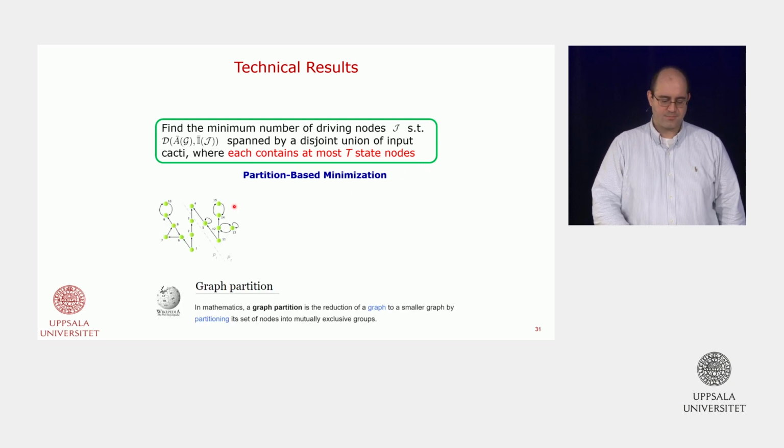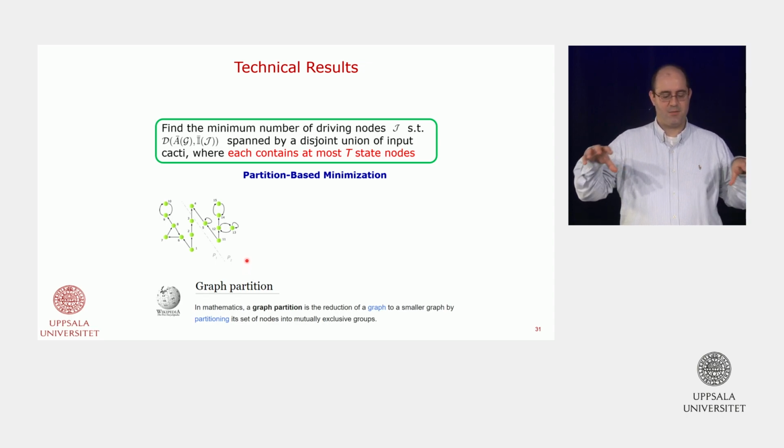In other words, we take a graph. Notice that this graph will not have any input yet, and we do a partition. A graph partition is a decomposition of a graph in elements that contain at most a specific number of nodes. And in this case, if I want to divide this graph in 2 partitions, it means that I want to have it with the minimum number of such nodes.